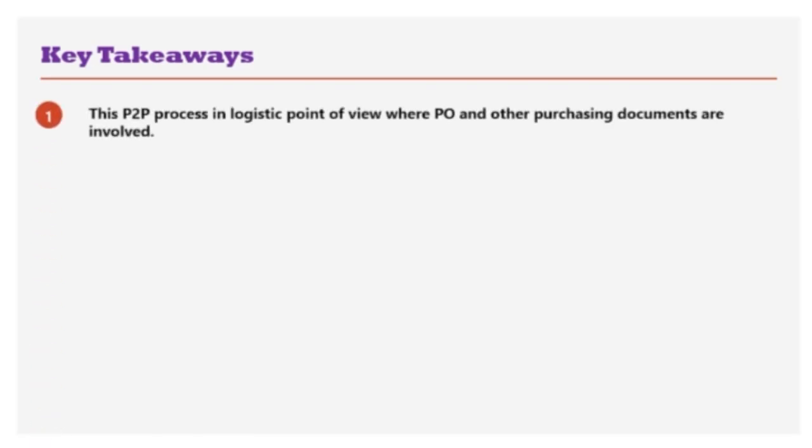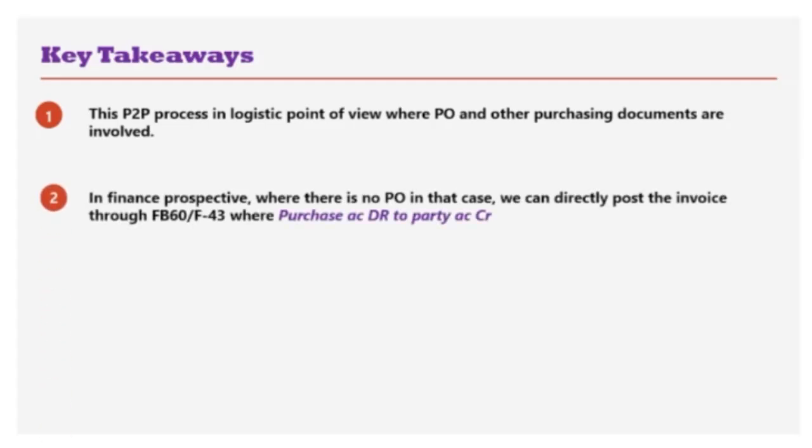And next, what are the key takeaways? The first one is the P2P process from a logistics point of view, where PO and other purchasing documents are involved. Whereas from a finance perspective, there is no PO. In that case, we can directly post the invoice through transaction code FB60, where your purchase account will be debited to your vendor account.